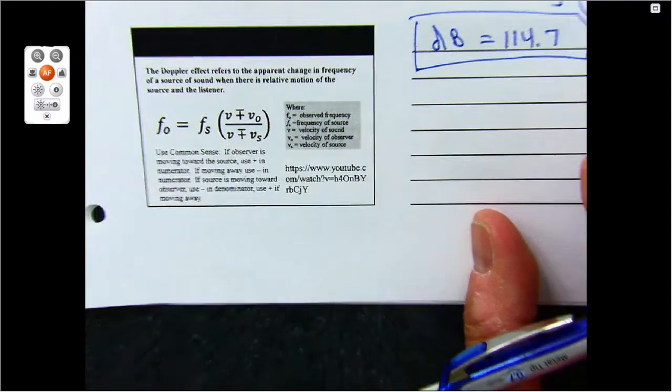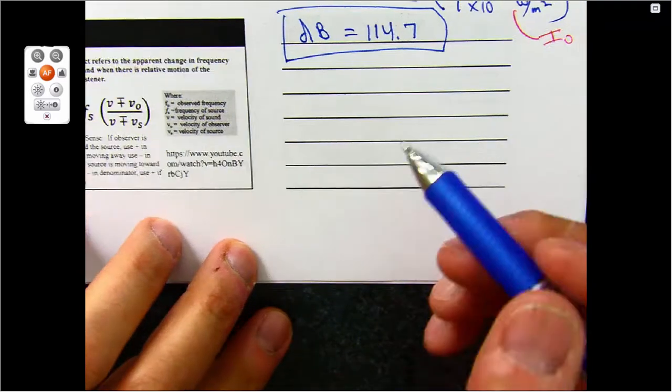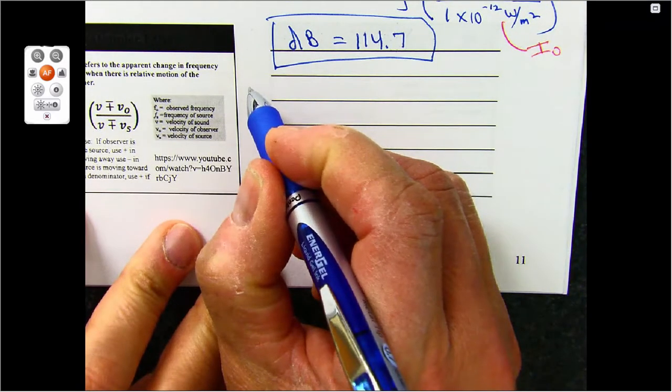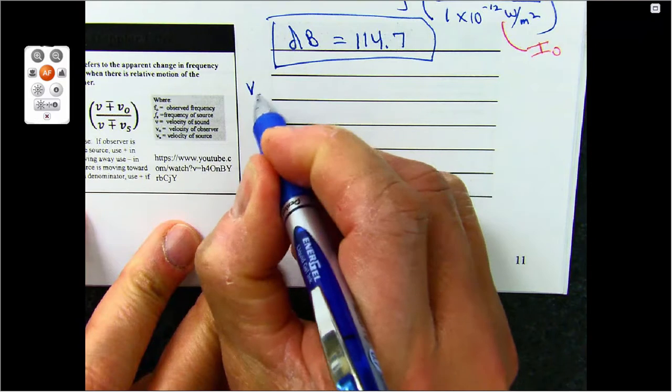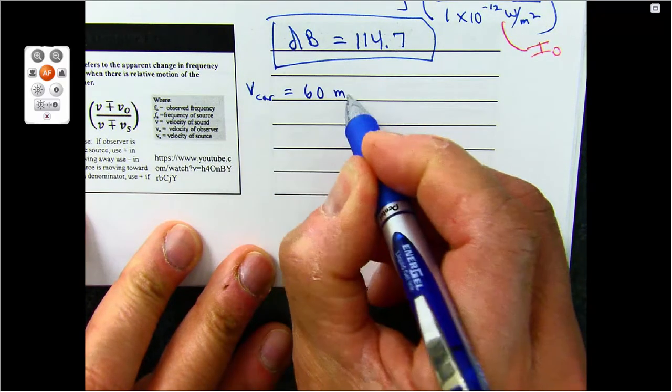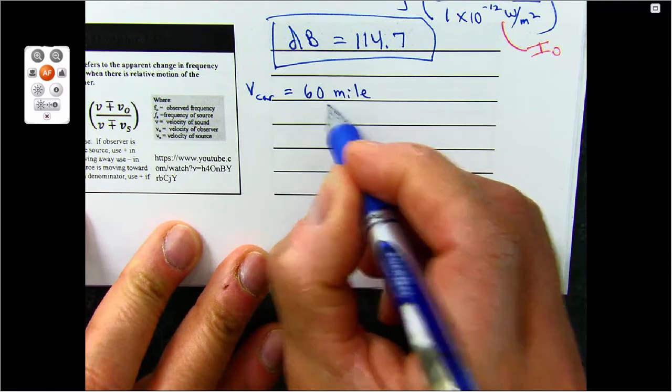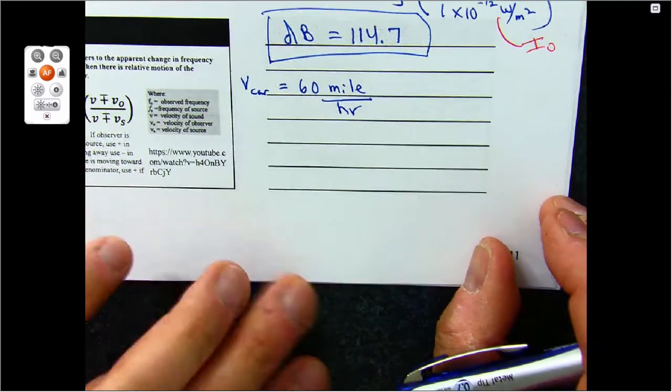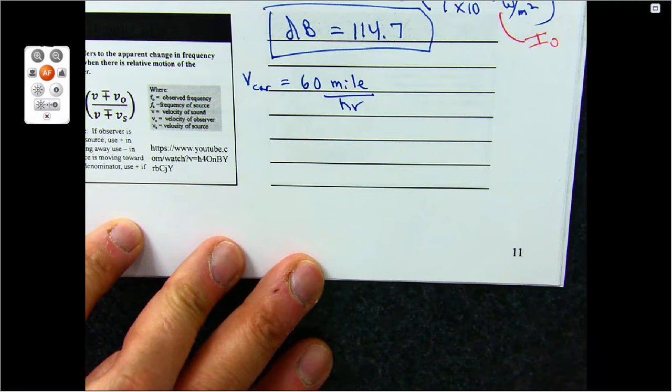We'll say the velocity of your car is 60 miles an hour. We'll do the car example. 60 miles per hour. Let's change that to meters per second.